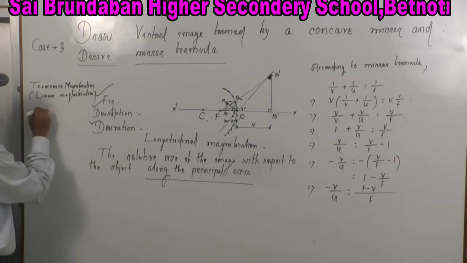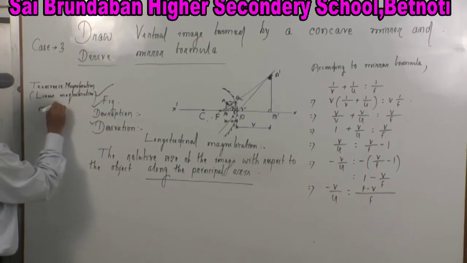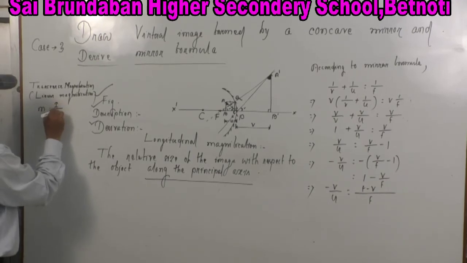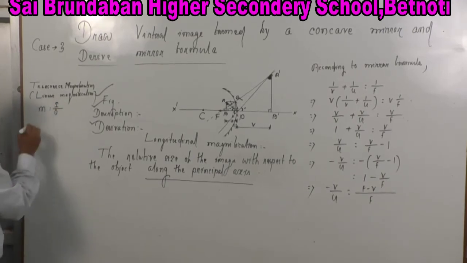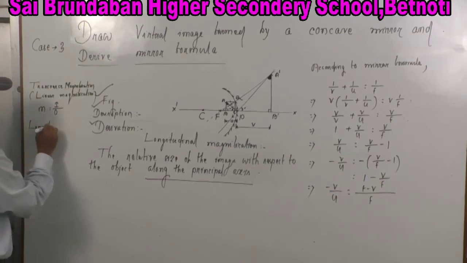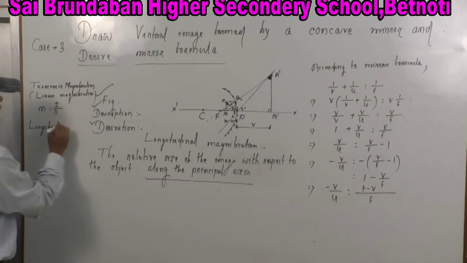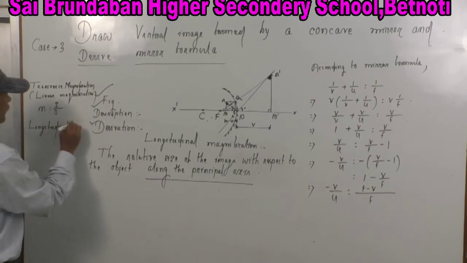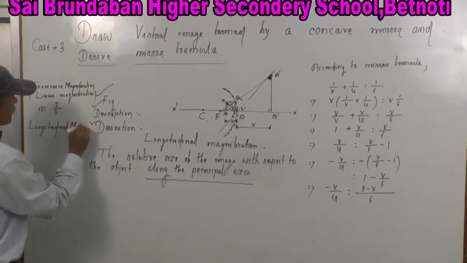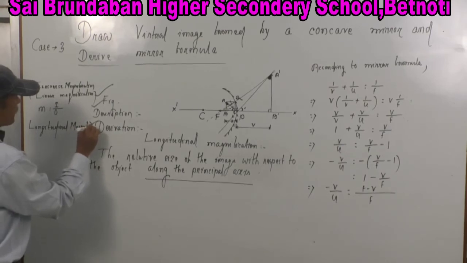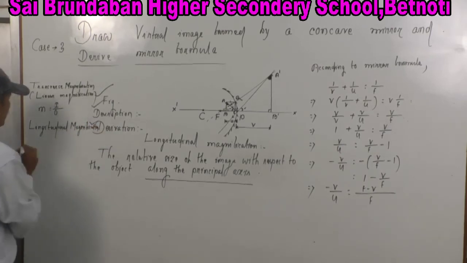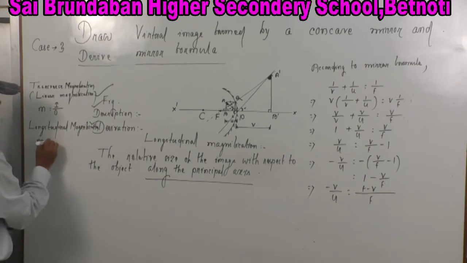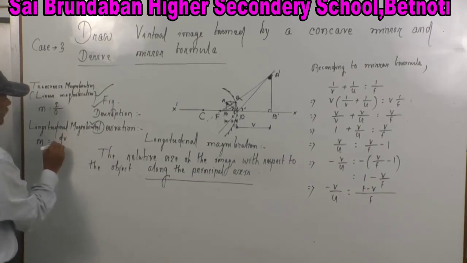Here m is equal to I by O. But in case of longitudinal magnification, m is equal to dv by du.